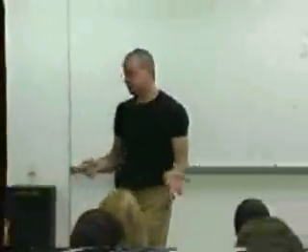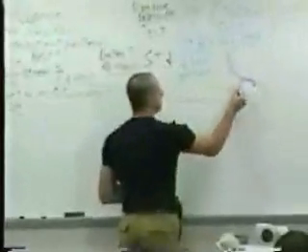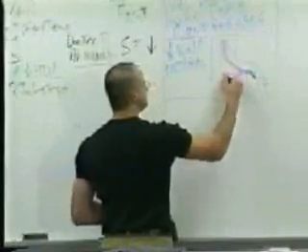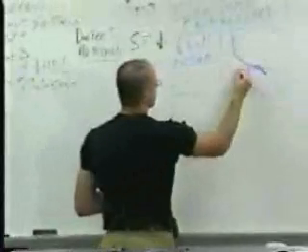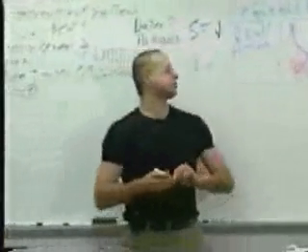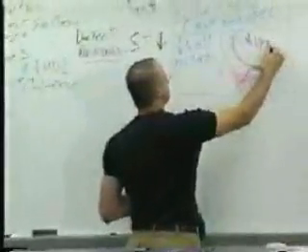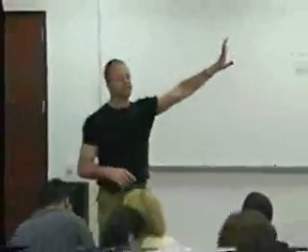Absence of thallium. Decreased thallium uptake. Because the normal side will pick up the thallium, and the ischemic or infarcted side will not. So you have decreased thallium uptake, and that's how you will detect the abnormality.